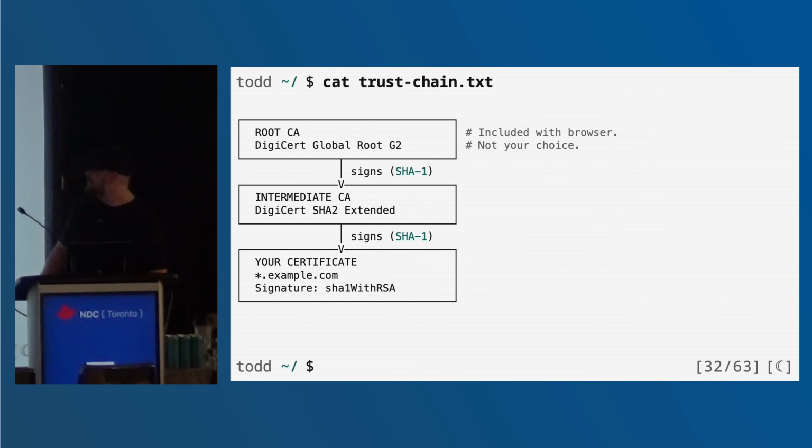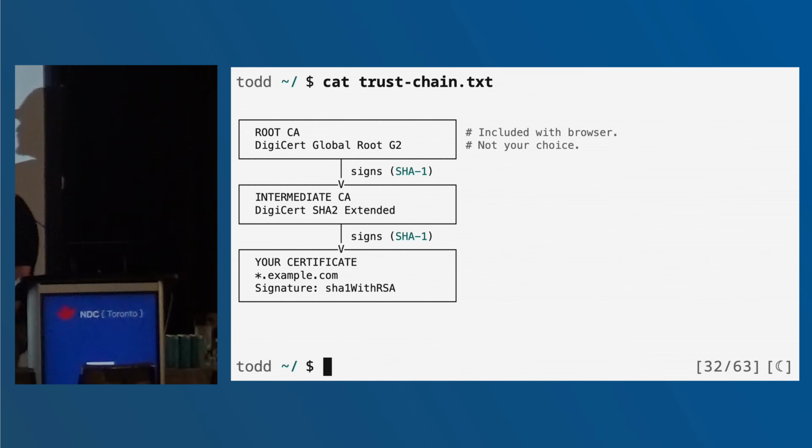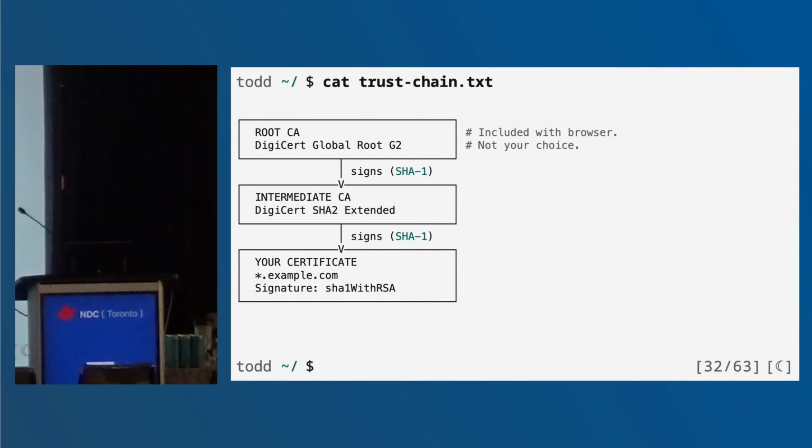How does that work? If we go back to the certificate chain, SHA-1 was used to sign those certificates. So if I have my certificate for example.com, SHA-1 was the thing that proved that it was signed by the DigiCert intermediate and the DigiCert root.